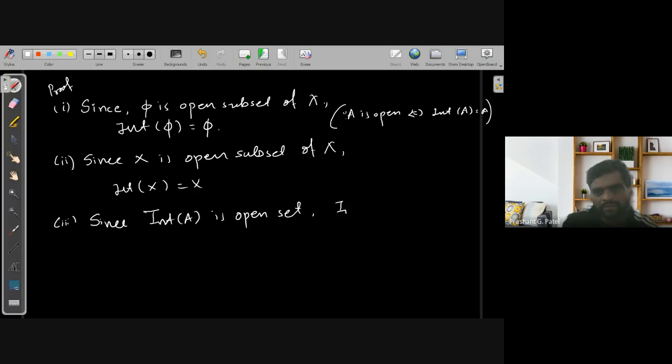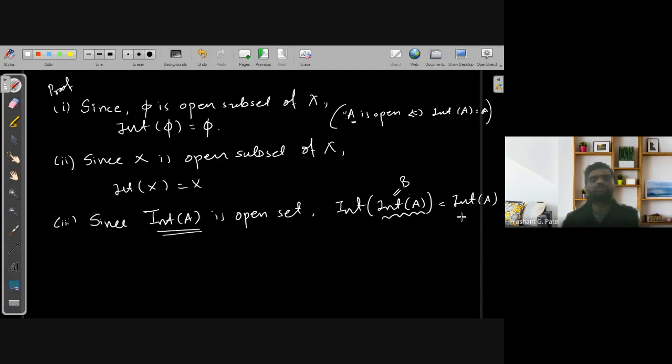Hence, interior of interior of A is equal to interior of A. So here if I say this is the set B, then interior of B is equal to B if this B is open, and we have that B is open here. So that's why this is also true. So the first three statements are easy to see.